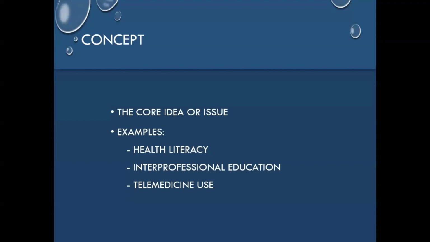The core concept examined by your review should be clearly articulated, clearly defined to guide the scope and the breadth of your inquiry. This may include details that pertain to elements that would be detailed in a standard review as an intervention or outcome. So some examples again are like health literacy, medicine use, interprofessional education. There's many other ones that you can look at.